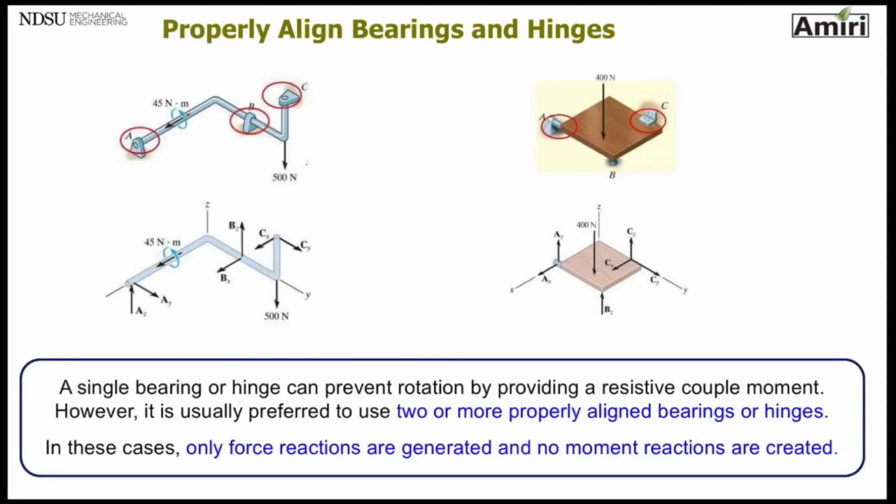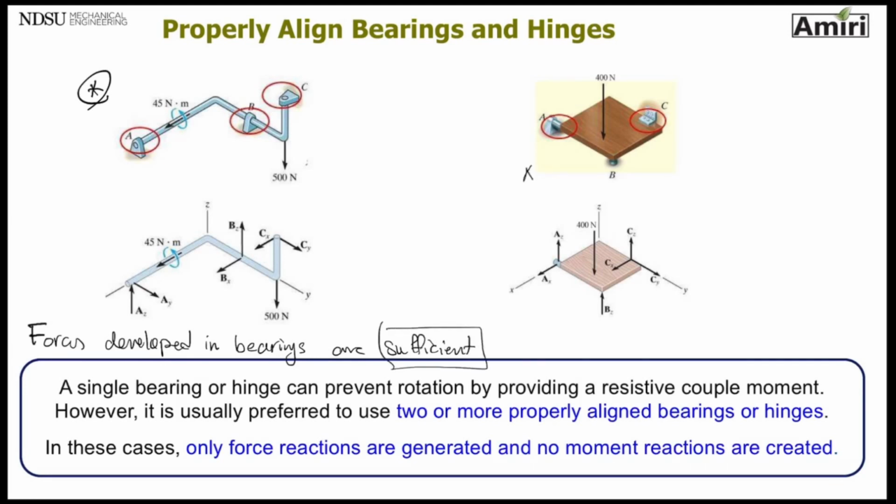One last thing that I want to mention is what we call properly aligned bearings and hinges. Usually when you see a problem like this, A, B, and C, the first one we're looking at here, they have 3 bearings in 3 different directions. In cases like this, I'm going to write it here: forces developed by bearings are sufficient.